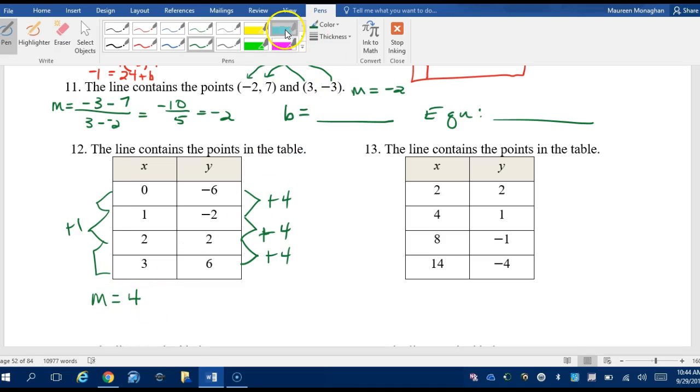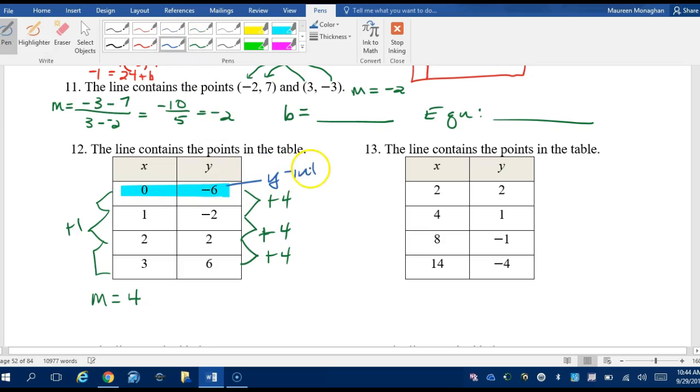The other thing you want to recognize is that when x is 0, that's your y-intercept. So our y-intercept is -6. Home free. Boom, look at that.